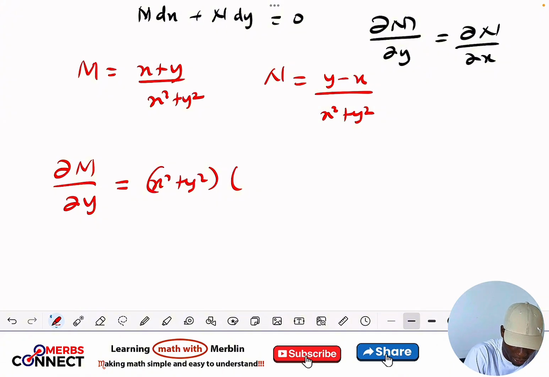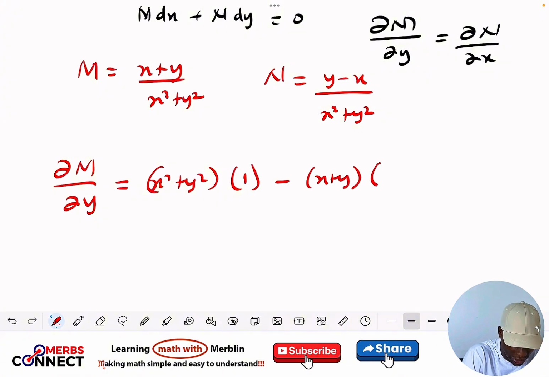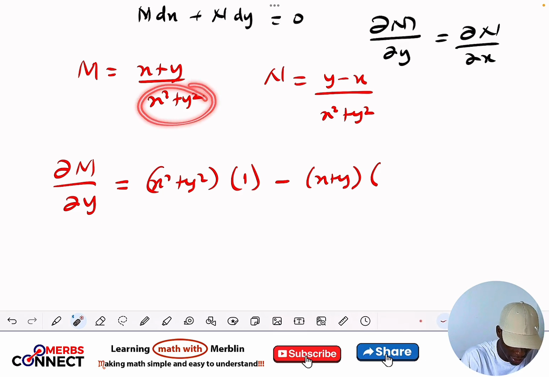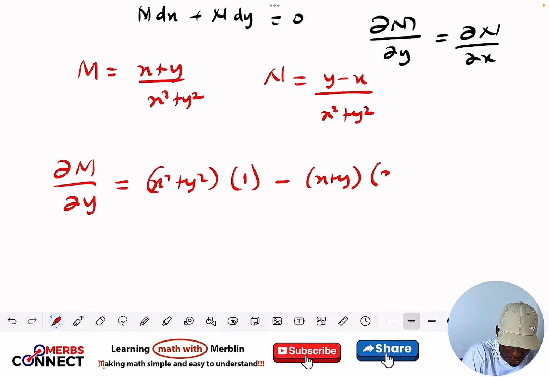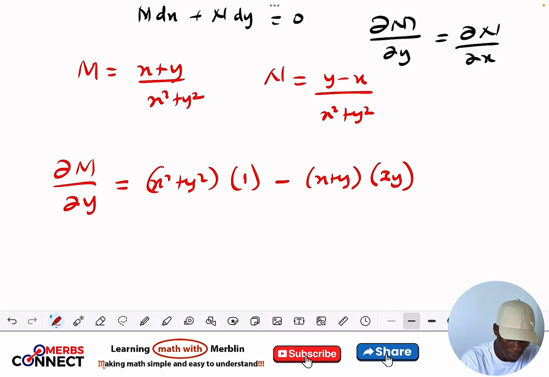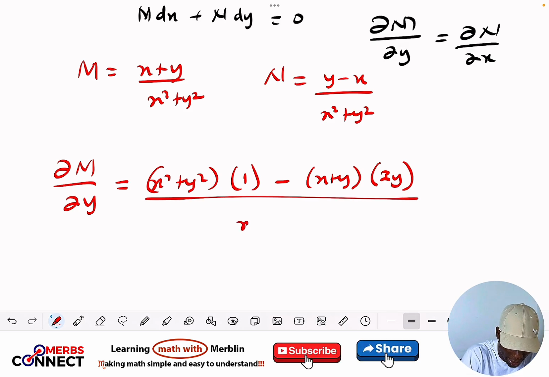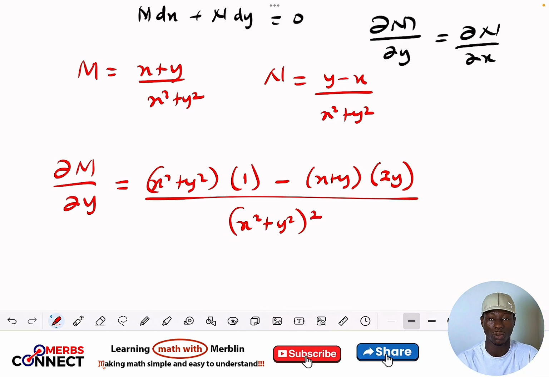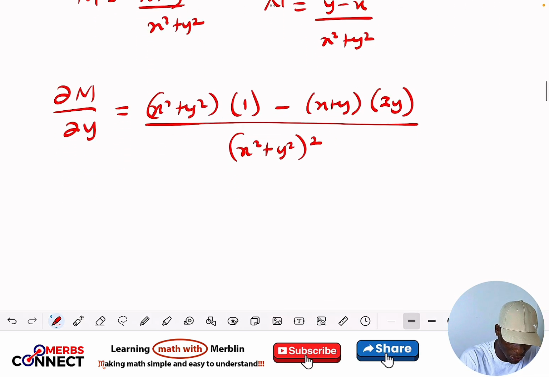And when I differentiate y, I'm going to have 1 minus, now maintain the top and differentiate the denominator. And when I do that, I'm going to have 2y because we are differentiating with respect to y, all divided by x squared plus y squared all squared. That's the quotient rule. So let's simplify and see what we are going to get.